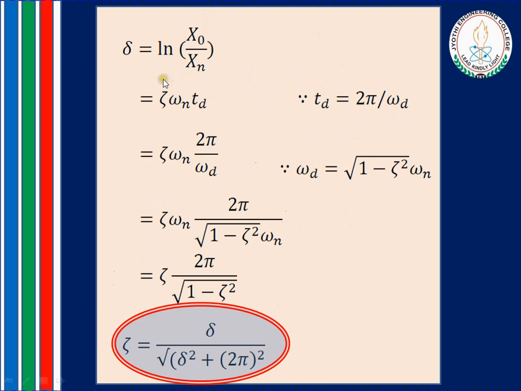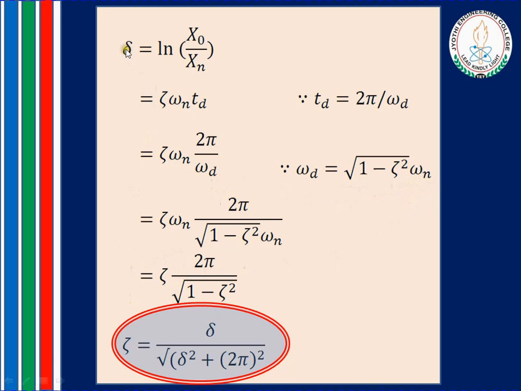Now let us see how the logarithmic decrement is used for the calculation of damping ratio zeta. Damping ratio zeta can be calculated by substituting the value of Td equal to 2 pi by omega d in the standard equation, and replacing omega d by root of 1 minus zeta square into omega n.